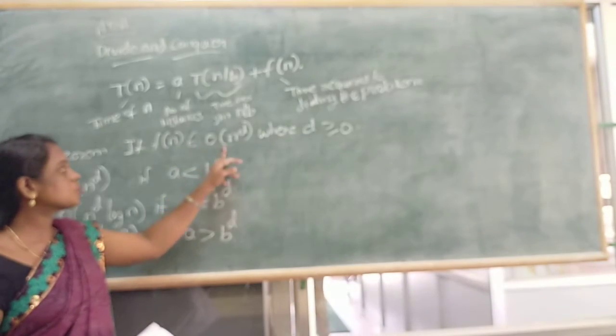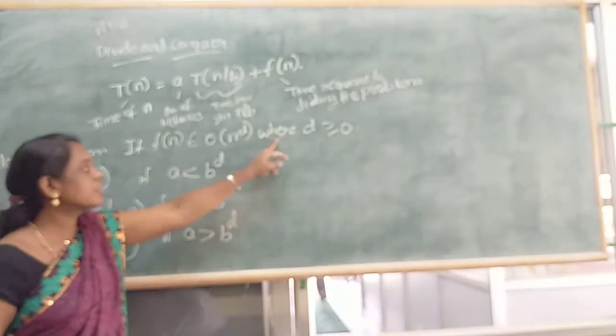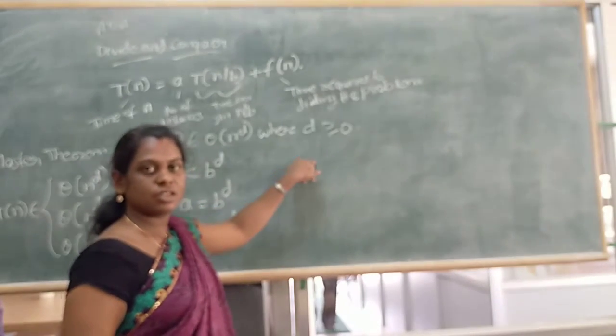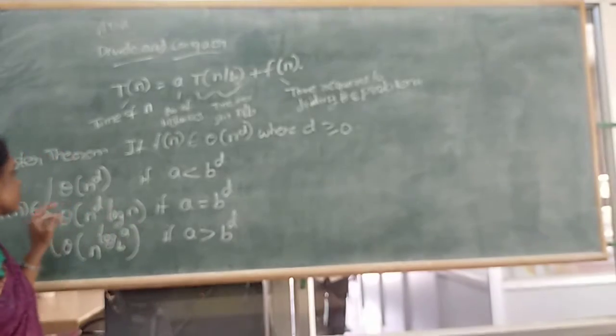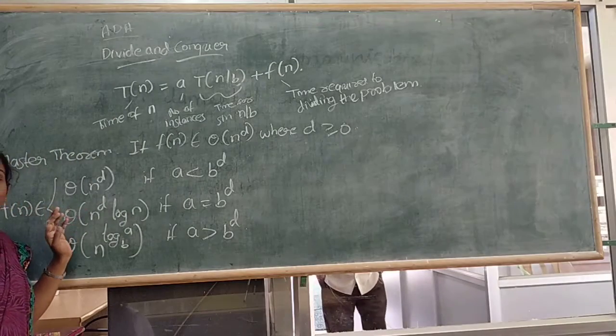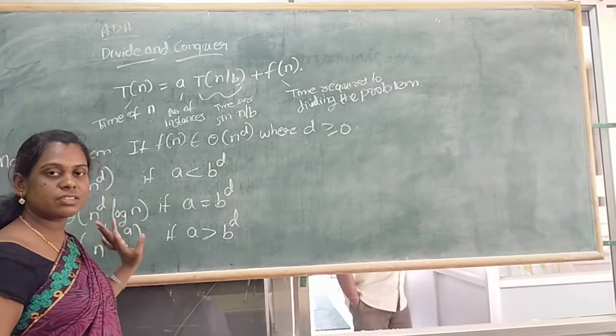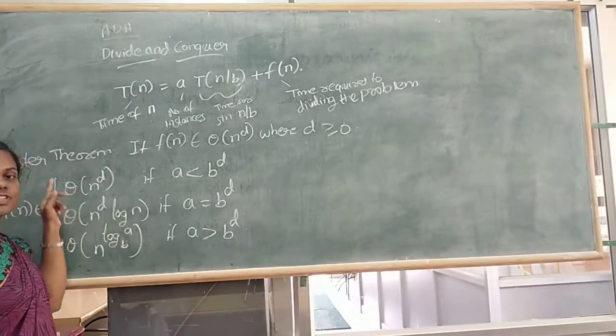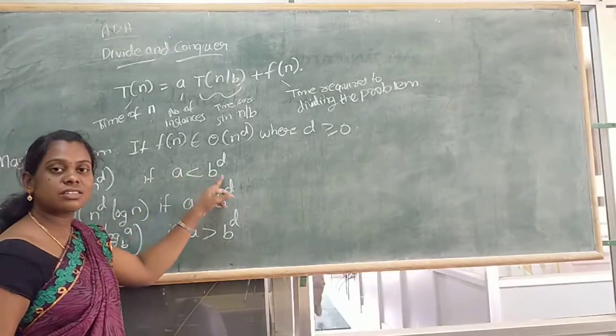This is the master theorem. If the time required f of n belongs to theta of n power d, where d is greater than or equal to 0, for the recurrence relation d is considered. According to the theorem, there is no proof here, they are just defining the theorem, that's it. Okay. So the efficiency is theta of n power d if a is less than b power d.